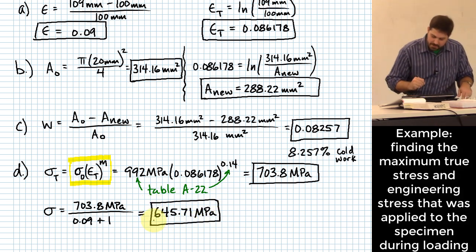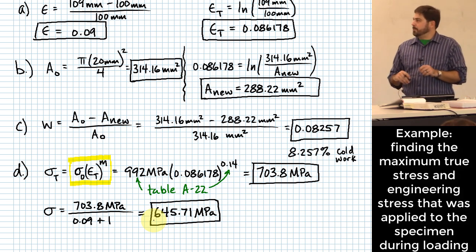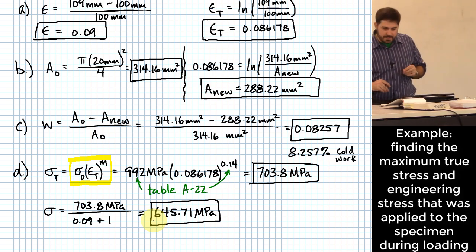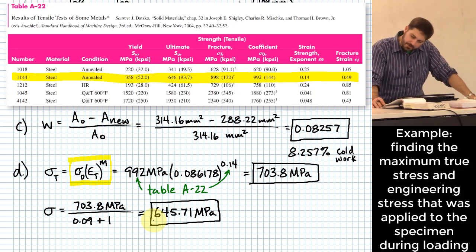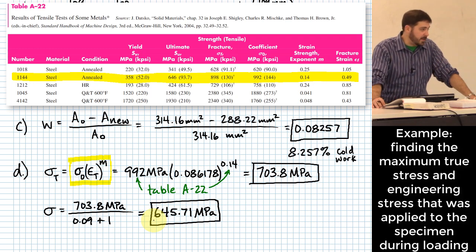Now this is kind of interesting. If you look in table A22 again, at 1144 steel, other parameters it gives you there, it says yielding strength is 358 MPa, and ultimate strength is what? Anyone see that? 646 MPa.